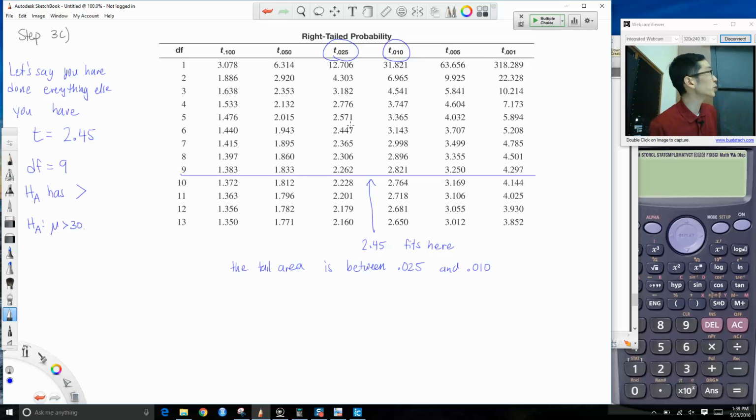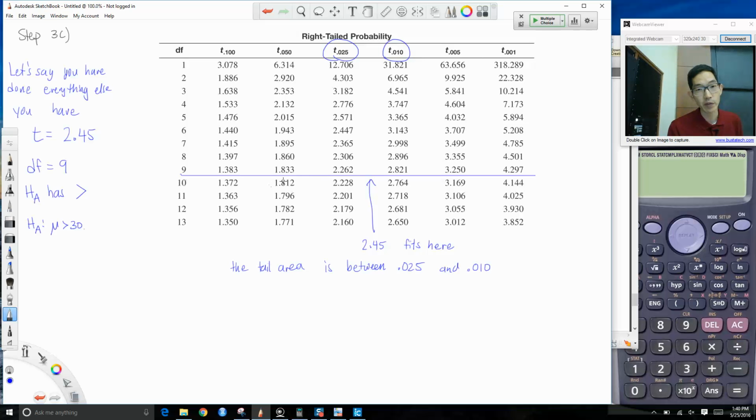So almost always, you will not get an exact tail area. Okay, you will almost never know what your tail area is exactly. Usually, you'll say, my tail area is between these two numbers. The only time you can say your tail area is exactly some number is if your test statistic ends up being exactly one of these numbers.